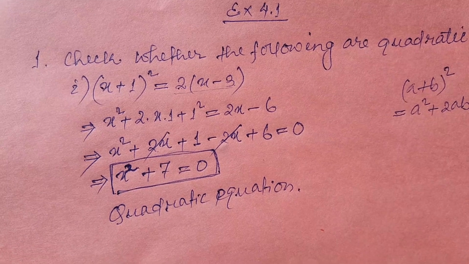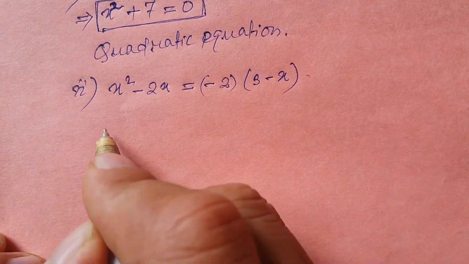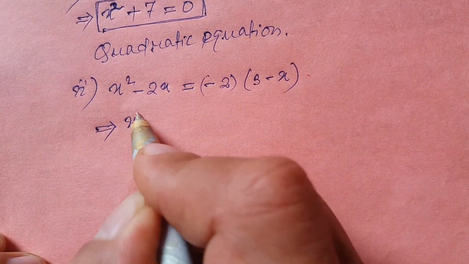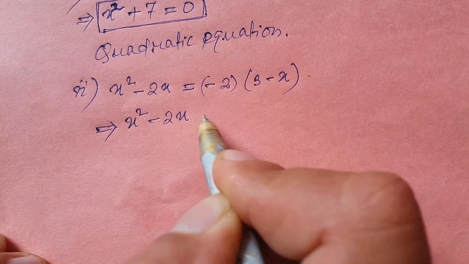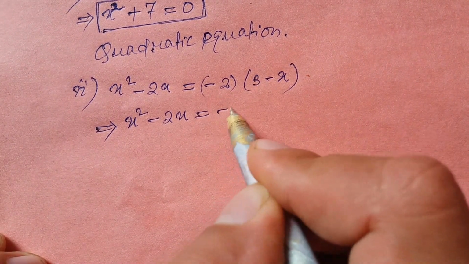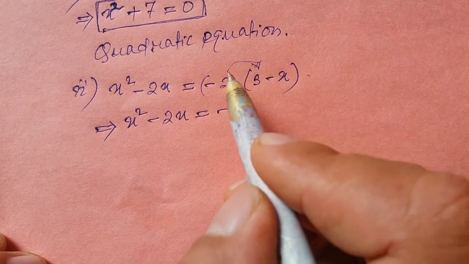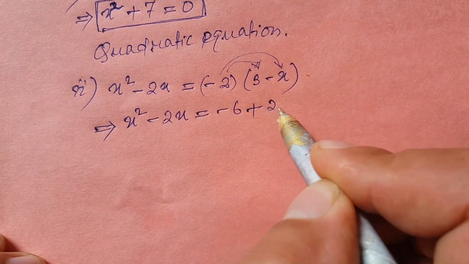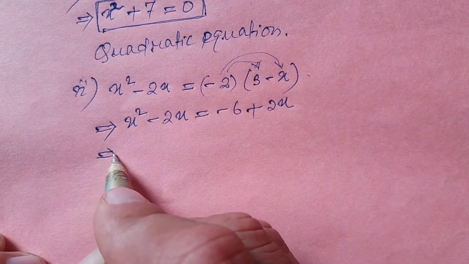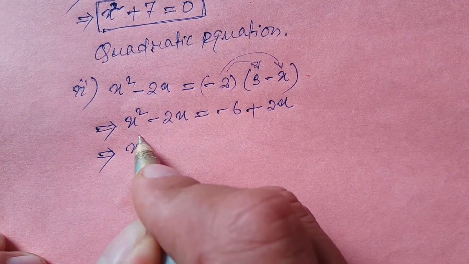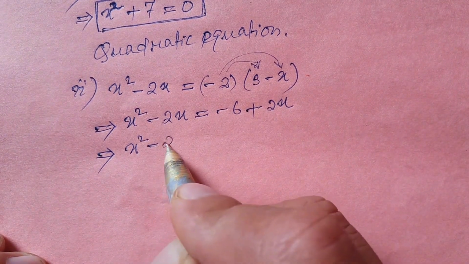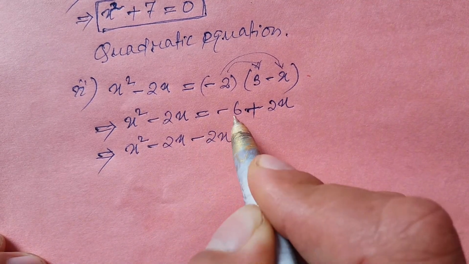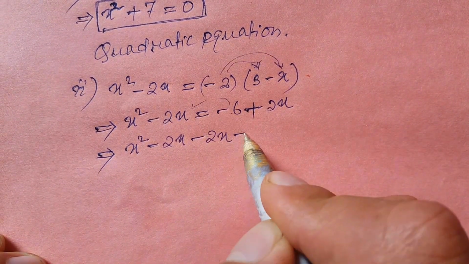Now let's see the next one, that is Roman number 2. Now here on the right hand side expression we have to multiply first, and then we'll transpose everything to the left hand side. So minus 2 into 3 is minus 6, like this, and then minus 2 into minus x, minus minus is plus, 2 into x is 2x. Now we're going to take this to the left hand side, so we have here x square minus 2x, and this plus 2x, now we will get here minus 2x, and then this minus 6, you will get here plus 6.